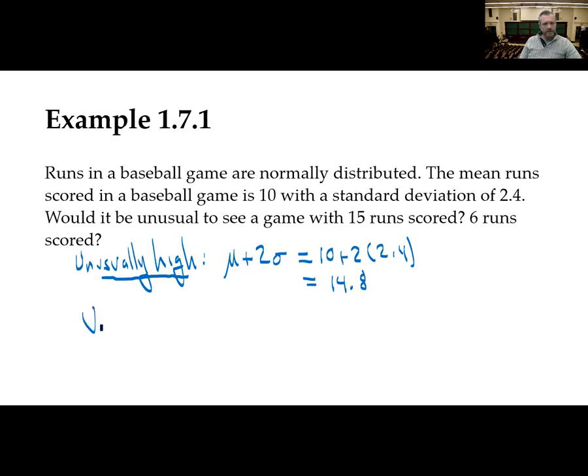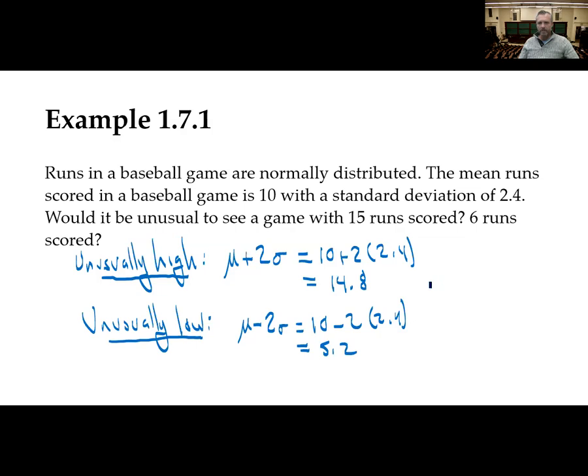And then unusually low. Now I'm going to look at 2 standard deviations below the mean. So if we've got mu minus 2 sigma, we are now going to compute 10 minus 2 times 2.4, and that's going to be 5.2.